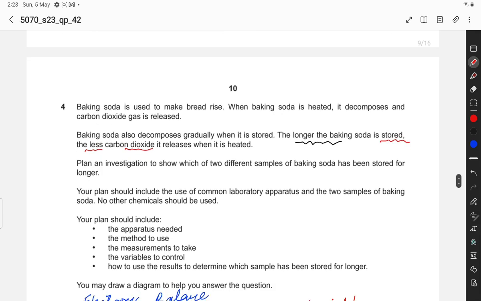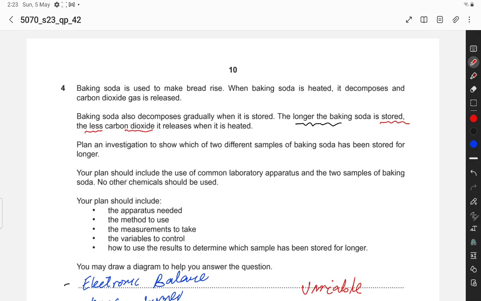Baking, question number 4. Baking soda is used to make bread rise. When baking soda is heated, it decomposes and carbon dioxide gas is released. Baking soda also decomposes gradually when it is stored. The longer the baking soda is stored, the less carbon dioxide it releases when heated.